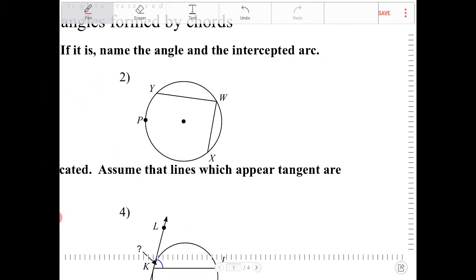And then angle W is definitely an inscribed angle. Angle W intercepts arc YPX. Or angle W is equal to 1/2 of arc YPX.